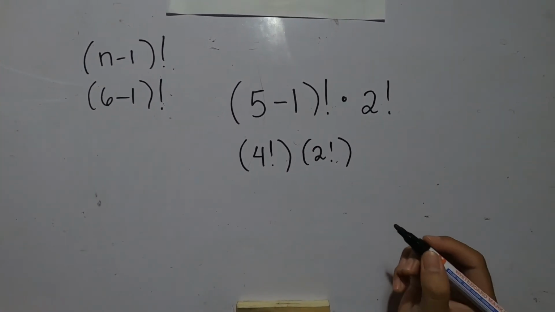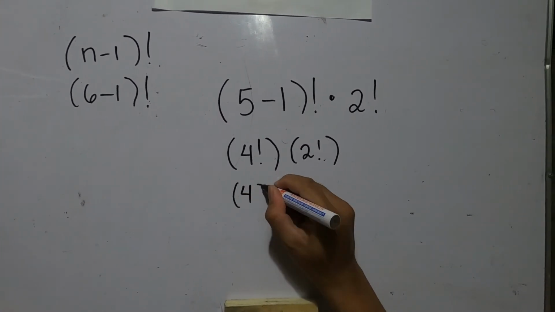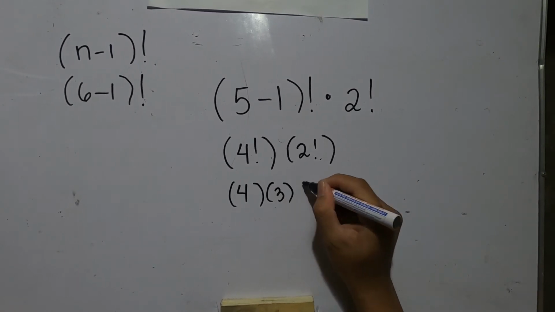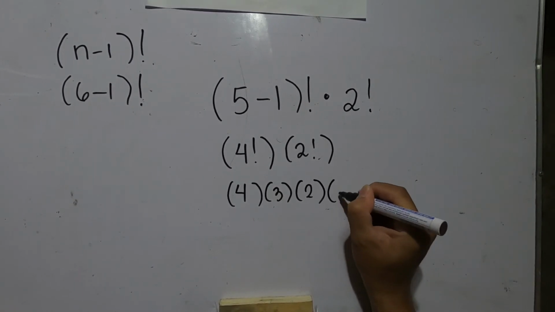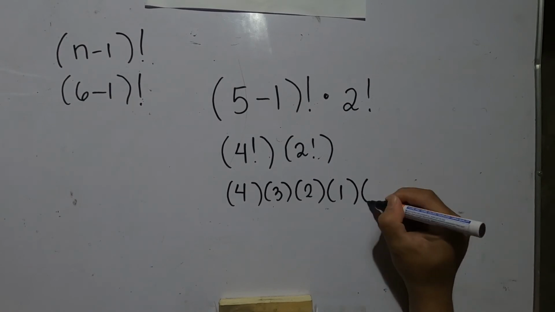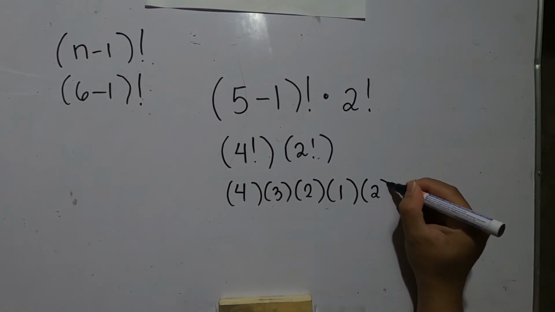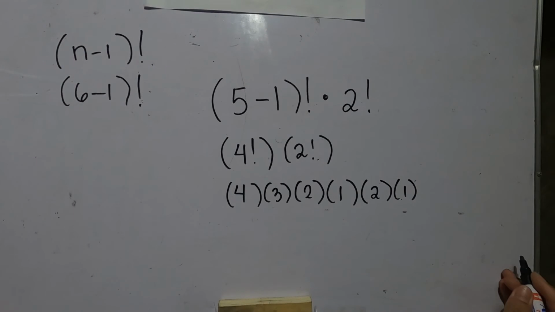So the solution becomes 4 times 3 times 2 times 1 multiplied by 2 times 1.